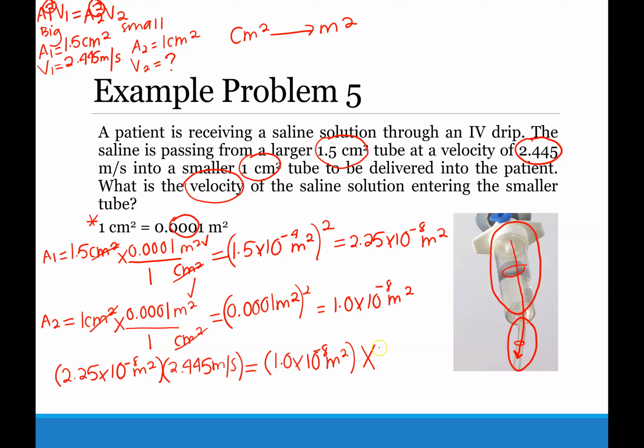So we need to isolate x and get it by itself on the right side of the equation. So draw a division bar and divide by 1.0 times 10 to the minus 8 meters squared, and that cancels. And bring it on over. 1.0 times 10 to the minus 8 meters squared.